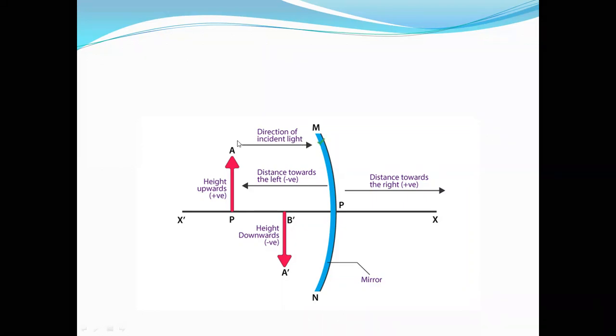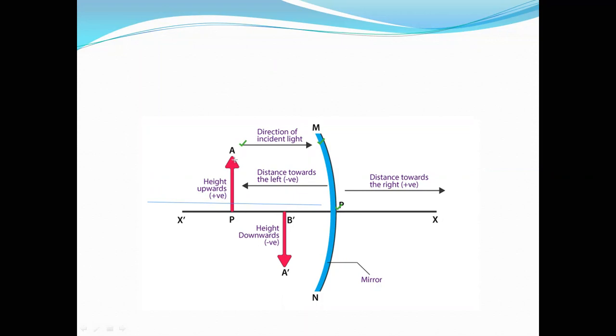This is the direction of incident light, towards the mirror, and we always start measuring the distance from the pole. So if from the pole we move towards this direction, that is called left, anything we measure is taken as negative. For example, AB is an object.